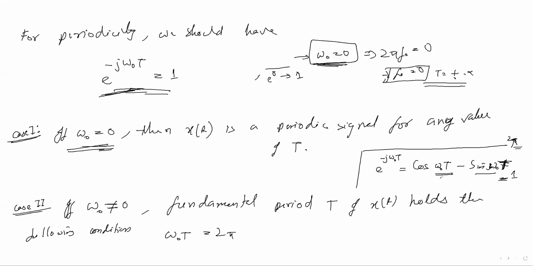Understood? Because when you put omega naught T equal to 2 pi, cos 2 pi minus j sine 2 pi, cos 2 pi means 1 and sine 2 pi means 0.